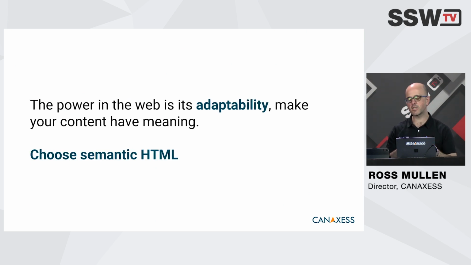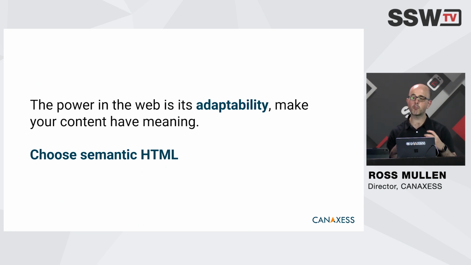For the nation's top code breakers, progressively enhancing a complex image using semantic HTML is a technique we can all take away for our digital projects. It's not perfect, but it provides more meaning to otherwise meaningless content. The power in the web is its adaptability.